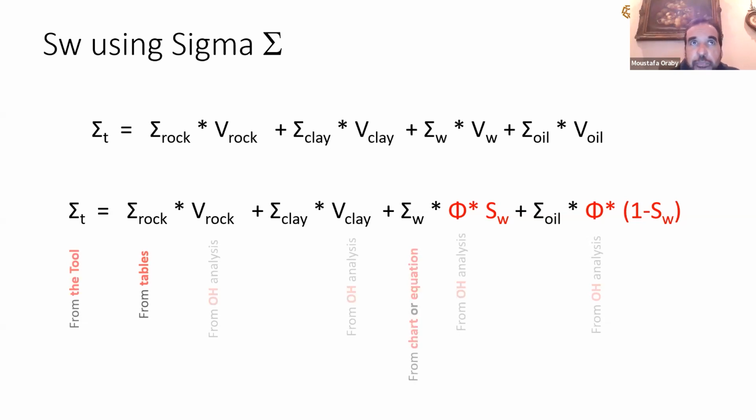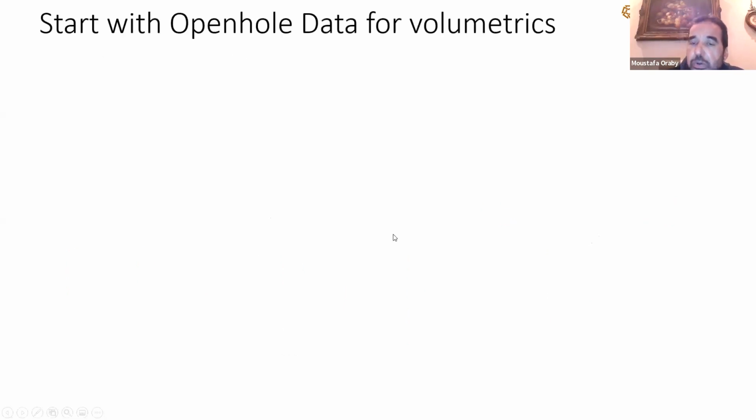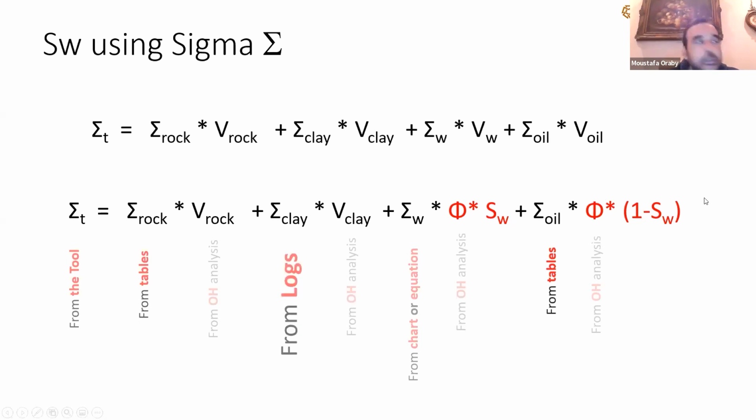Very straightforward, because it's a function of chlorine, and we knew previously that chlorine has a good absorption of neutrons. Sigma oil is very well known. Sigma gas is known. Clay, you can get that from the logs. So all the components are known. The only one that's not known is the SW that we can calculate from this equation.